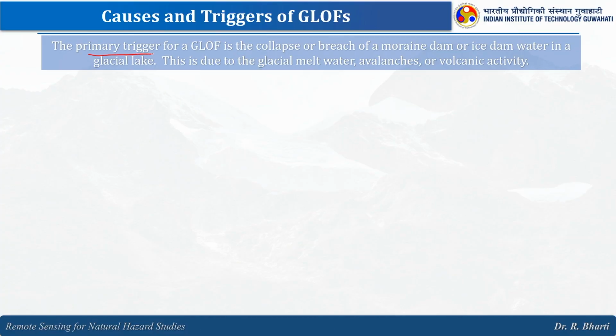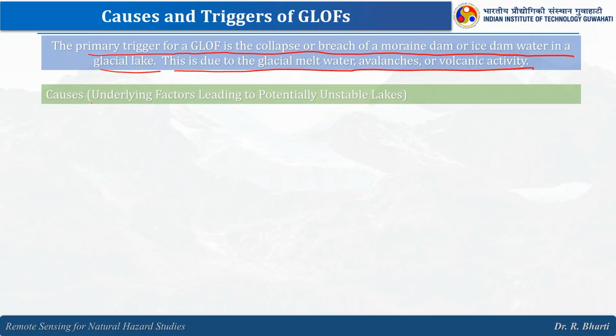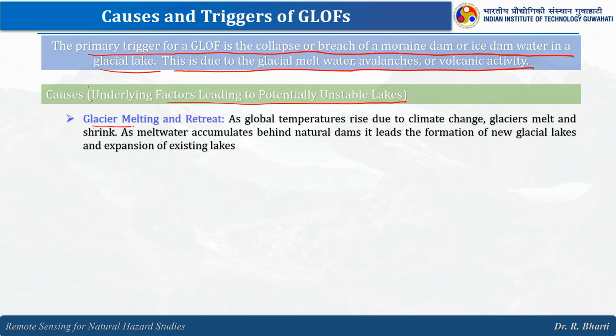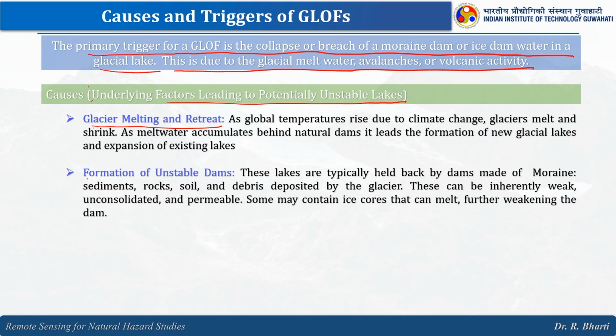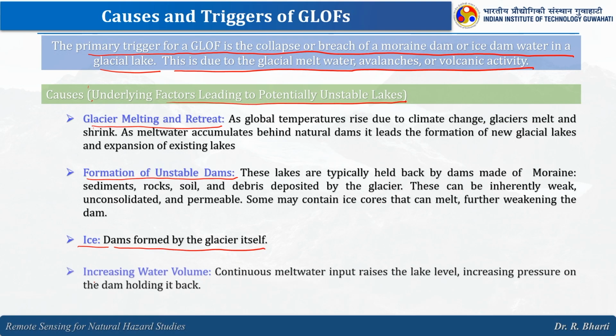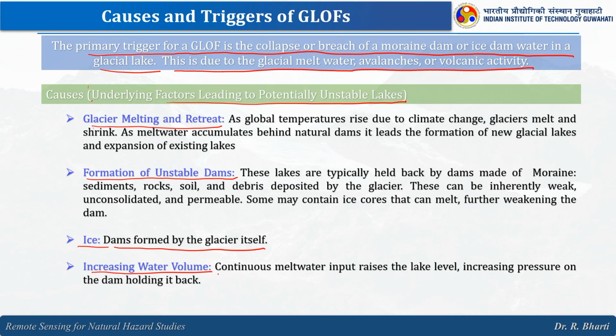So, the primary trigger for a GLOF is the collapse or breach of a moraine dam or ice dam holding water in a glacial lake. This is due to glacier meltwater, avalanche or volcanic activities, and the underlying factors leading to a potentially unstable lake are glacier melting and retreat, formation of unstable dams, the dams formed by the ice of the glacier itself, and increasing water volume in the glacial lakes.